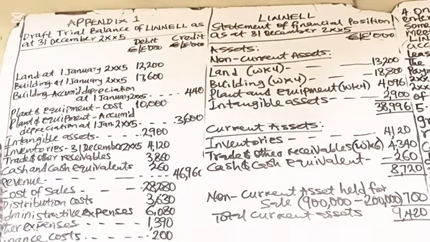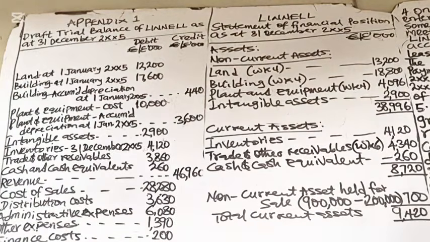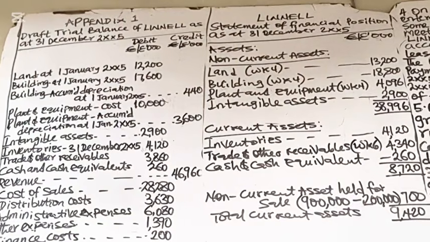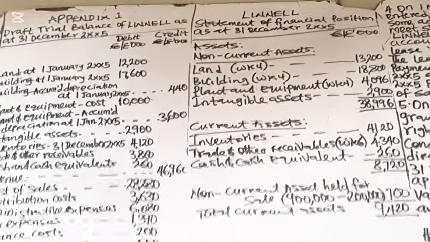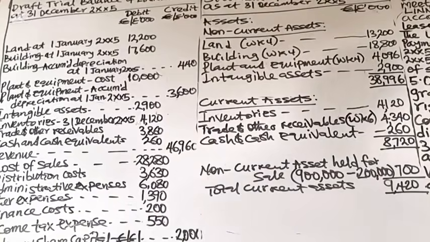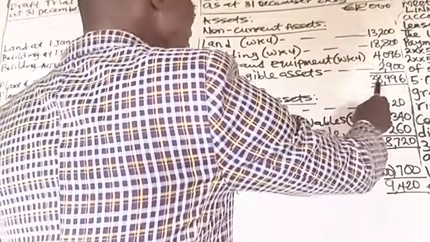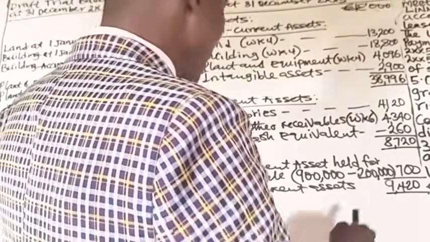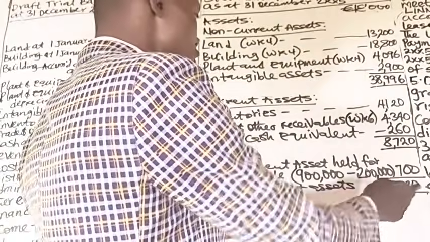Then you sum up the current and the non-current assets in order to get the total assets. Our non-current assets total 38,996, while the current assets total 9420.